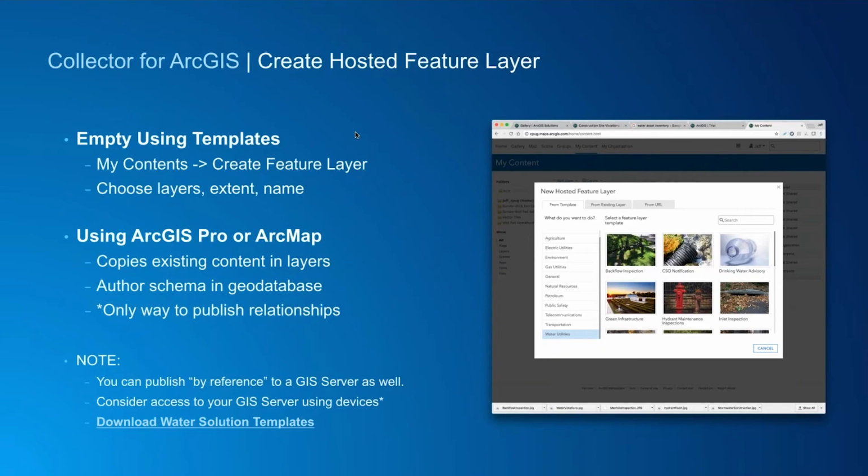That's really about how you can use ArcMap to take existing content you manage, say, in a file geodatabase and publish it up. It's a very simple process. We call that internally kind of a by reference to a GIS server as well. So say you don't want to host it inside of ArcGIS Online, you want to leverage it with your own ArcGIS server, you can do that as well.